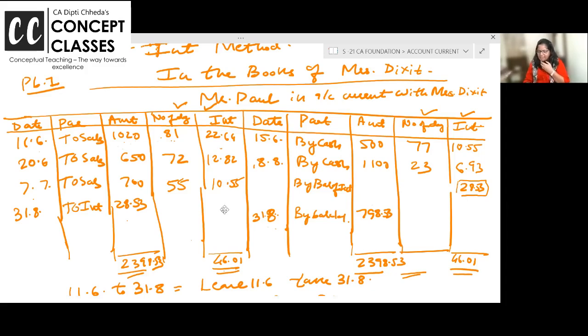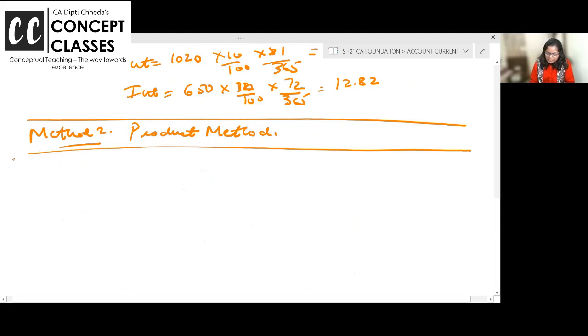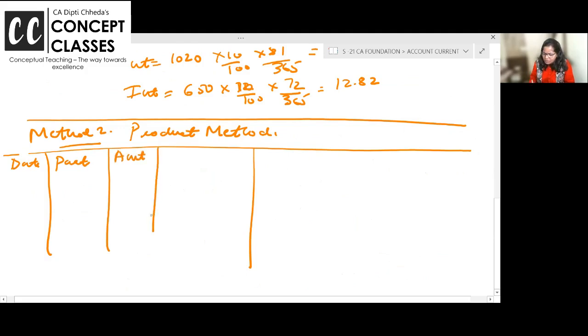Answer is yes. ठीक है? चलो calculate करते हैं साथ में. Product method. Copy the figures. Literally, I am saying copy the figures. Date, क्योंकि सेम प्रॉब्लम हम कर रहे हैं. Date, particular, amount, number of days, and after that product. Instead of interest, it is product.